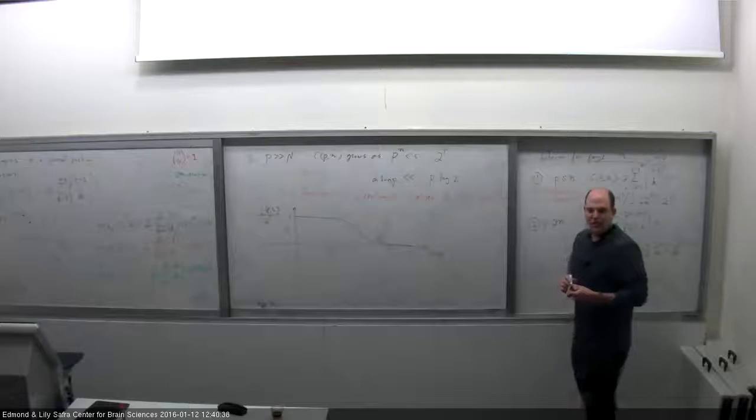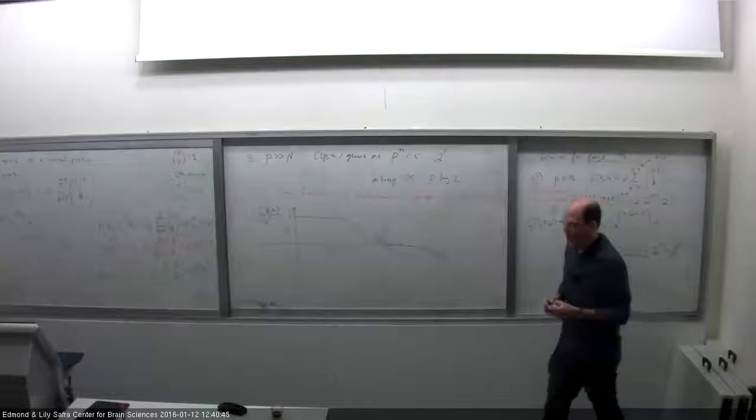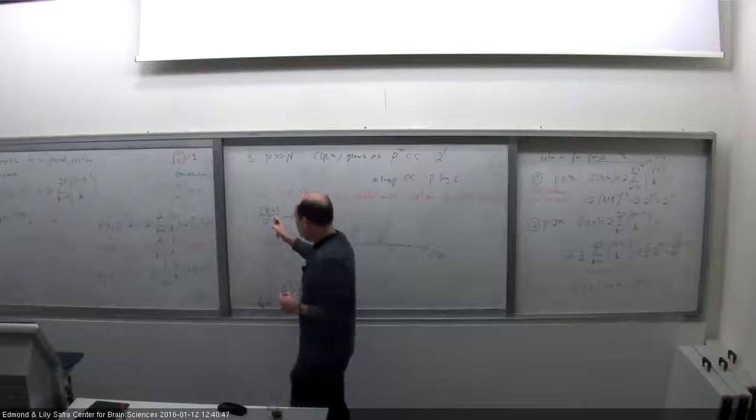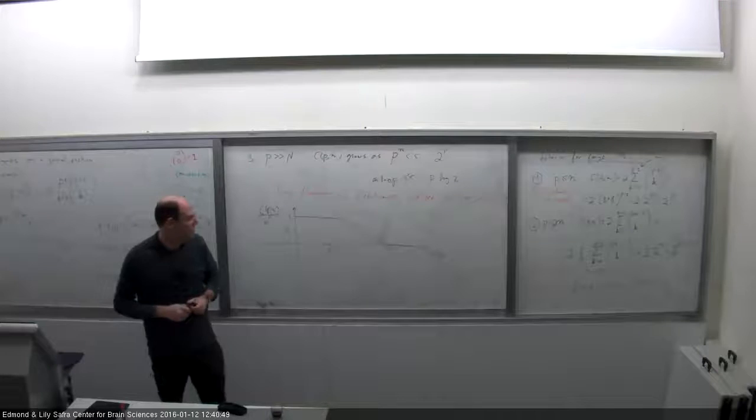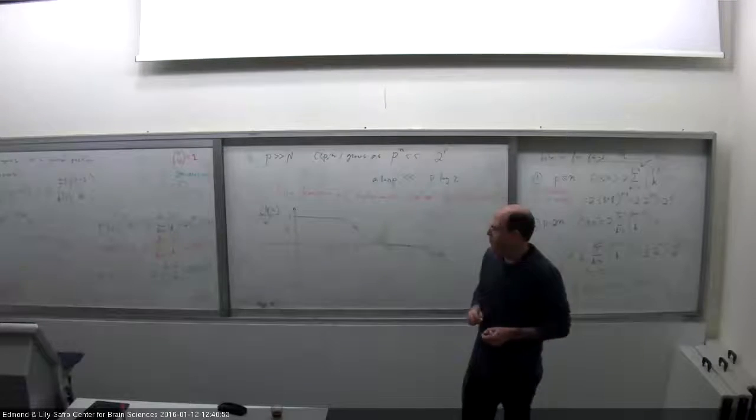But something interesting happens when we increase n. Okay, so this is for some particular value of n, and in fact, what I drew here is for a moderately large n. It's not for a very large n.